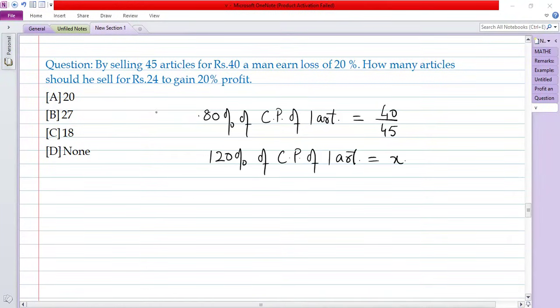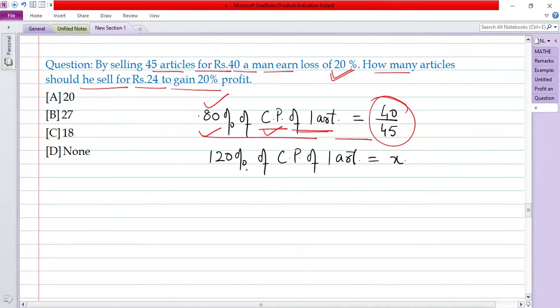So this is one more type here. By selling 45 articles for rupees 40, a man incurs a loss of 20%. So how many articles should he sell for rupees 24 to gain 20% profit? Actually, here we need this equation: 80% of the cost price of one article is 40 by 45.